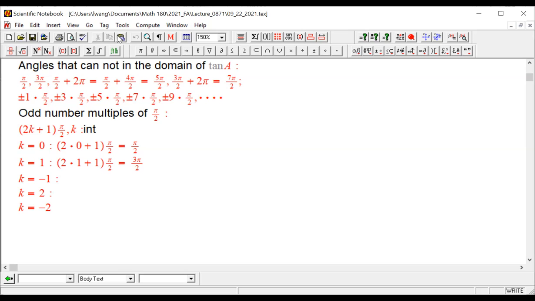Okay. And the next one, if k is -1, what happens? 2 times -1 is -2, plus 1 is -1, so negative pi over 2. Negative pi over 2 cannot be in the domain as well, right? Because it's measured clockwise, it ends up at the same terminal side as 3 pi over 2. Do you follow me?